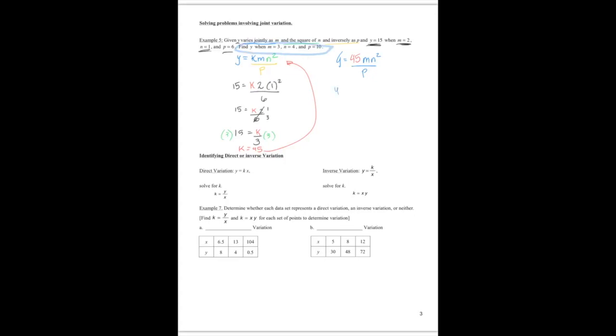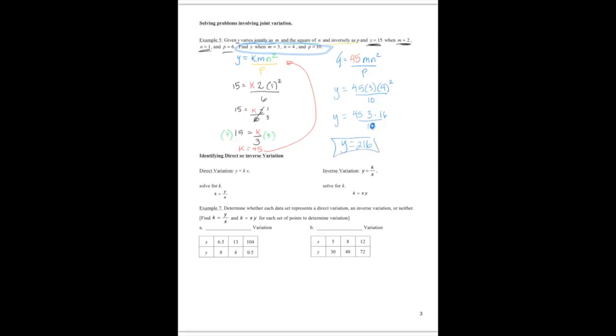So we are finding y when m is 3 and n is 4 and p is 10. So I'm just simplifying the right-hand side. 45 times 3 times 16 over 10. And if I multiply everything in the numerator and divide by 10, I'm going to get y equals 216. And we're done.